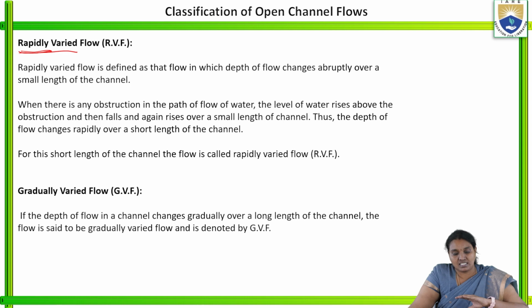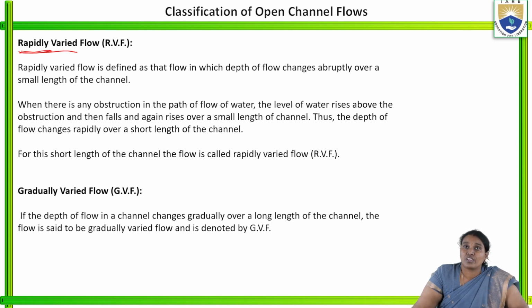If any obstruction is there in the path of the flow, the flow rises, and again it falls and again it rises, within a short length of the channel. The depth of the flow changes rapidly over a short length of the channel. For this short length of the channel, the flow is called rapidly varied flow.